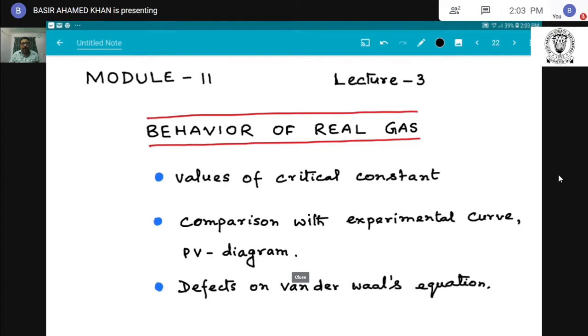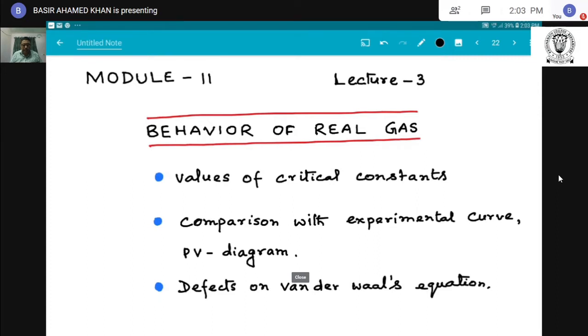Today, in my third lecture, I will discuss the values of critical constants, comparison with the experimental curve, the PV diagram, and defects of the Van der Waals equation.